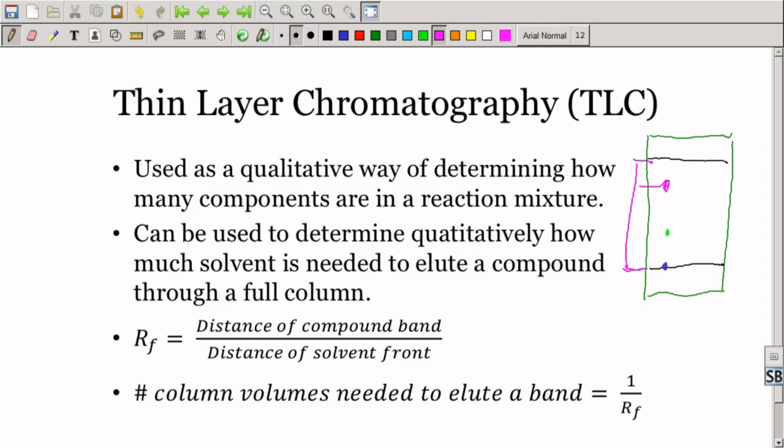And so say, for example, you have a compound that you find has an RF of 0.80. What you can say then is, all right, if the RF value is 0.80, how many column volumes am I going to have?